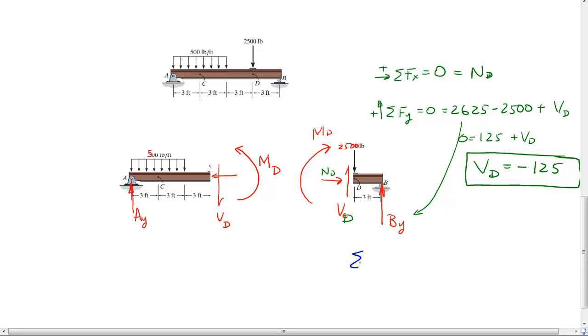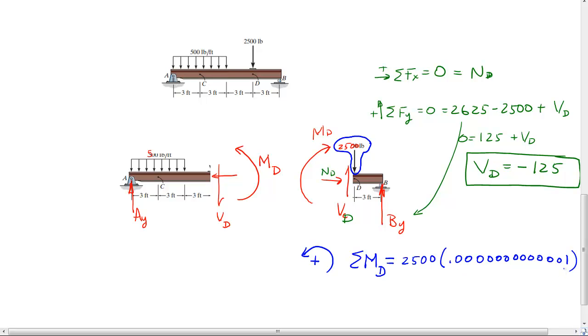Now, sum the moments about this D location, and I'll just make this positive. Now here's the key: this load produces no moment about D, even though it's a large load, because it's technically right over the top of D. Or if D is just to the left of that load, it's like 2500 times a moment arm of, say, this small, because it's just slightly to the left of it.